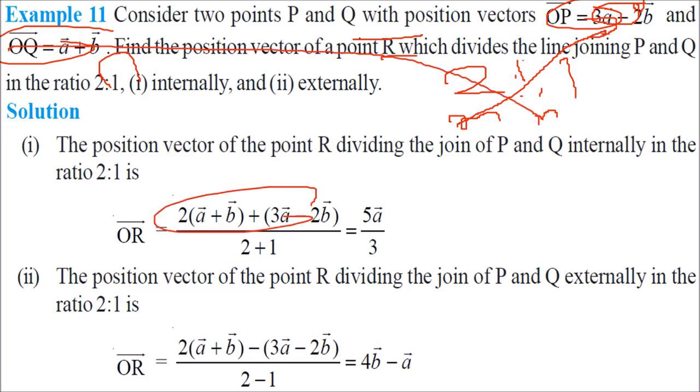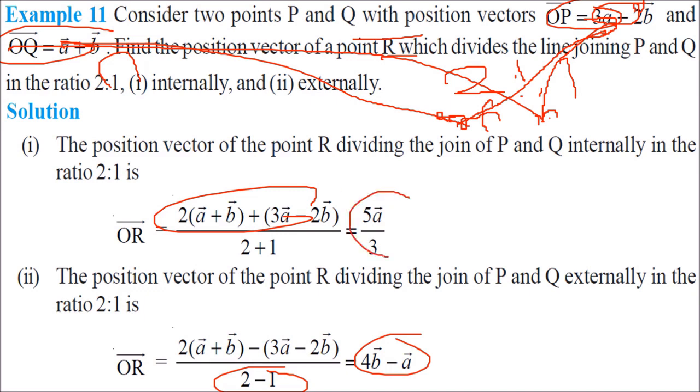And if it is dividing externally, we just subtract: M into (A plus B) minus N into (3A minus 2B), with M being 2. This will be equal to 4B minus A, and the internal one will be equal to 5A by 3.